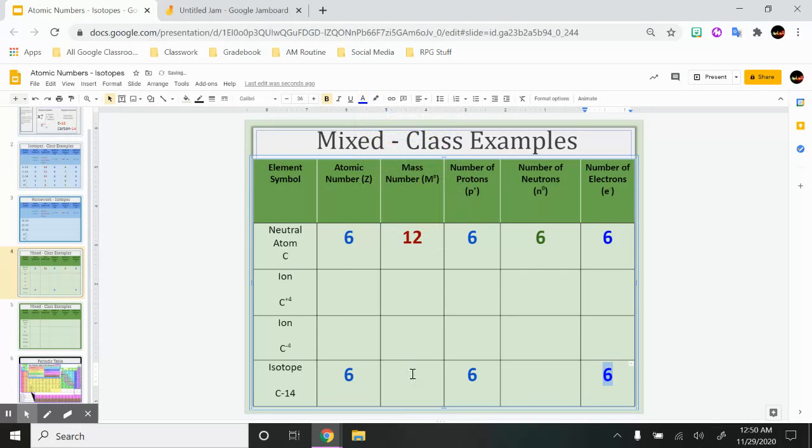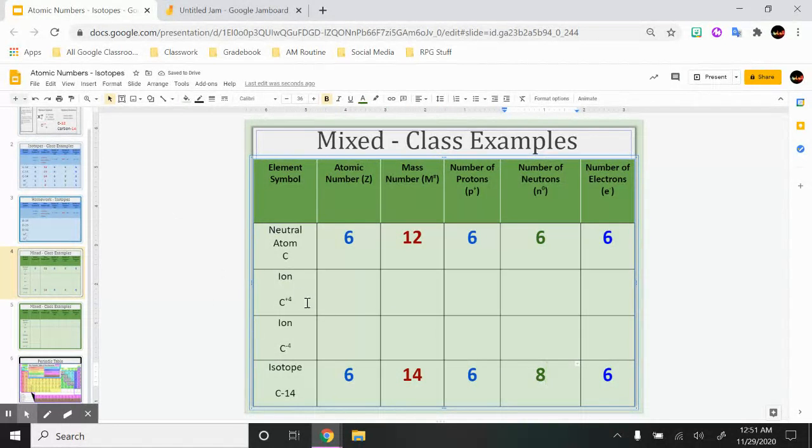Now for our mass, we can't just get it from the periodic table. We have to get it from the symbol over here. So it's a C14. I'm going to put 14 right there for my mass. Okay, to get my number of neutrons, I'm going to do mass minus protons equals 8 neutrons.